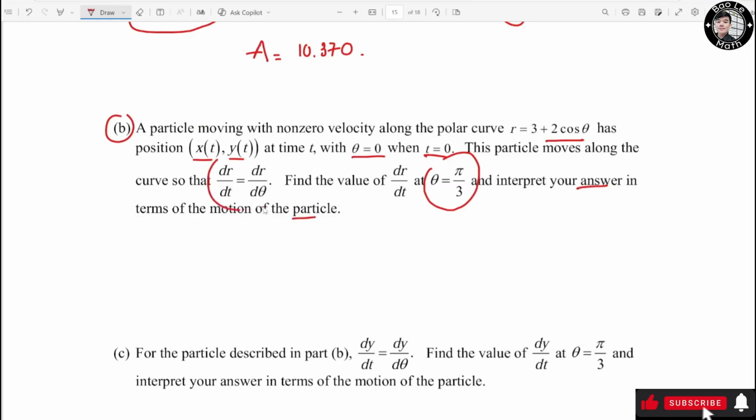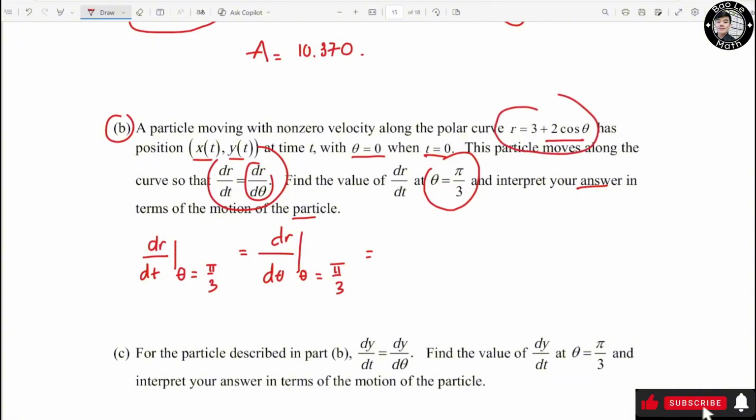We're going to use this, dr over dt evaluated at theta equals pi over 3. This actually equals dr over d theta evaluated at theta equals pi over 3, right? So the function r is right here.